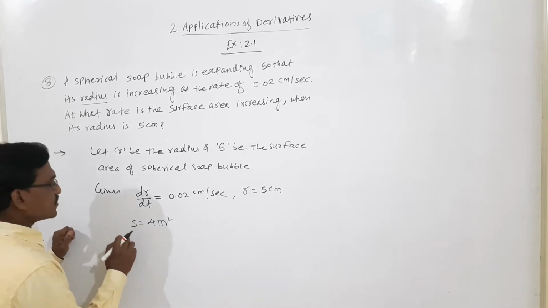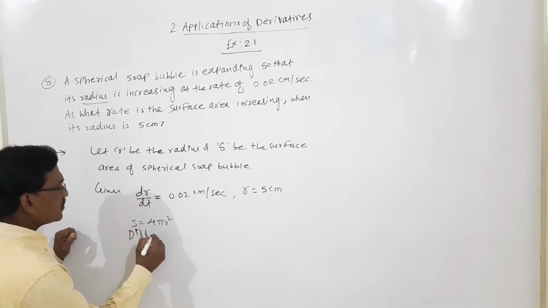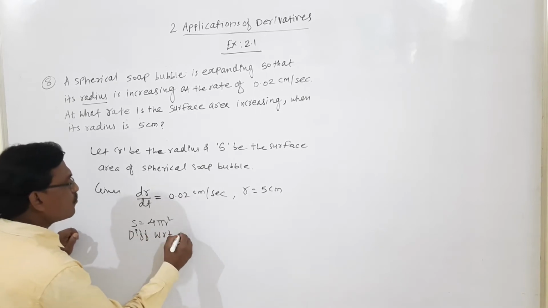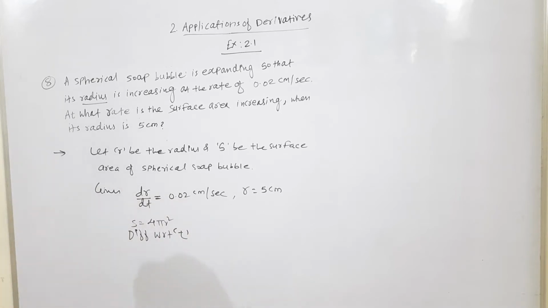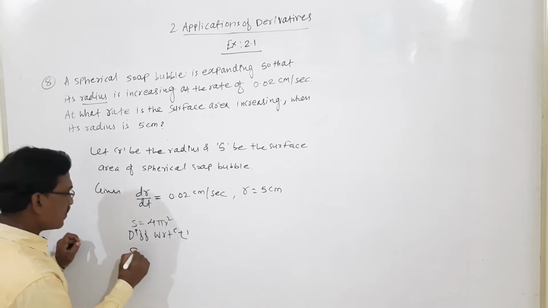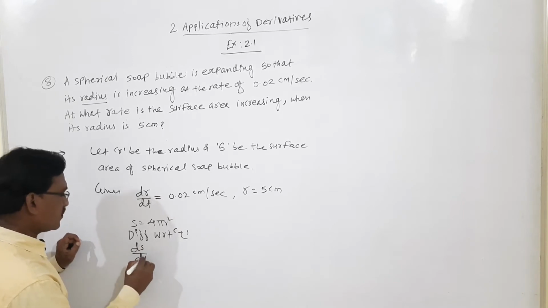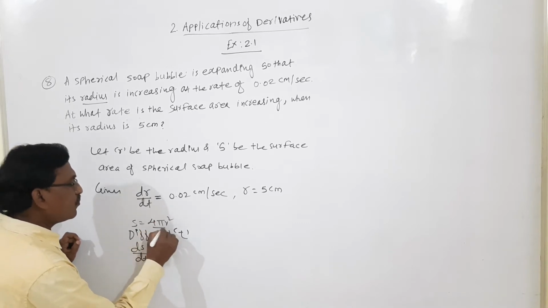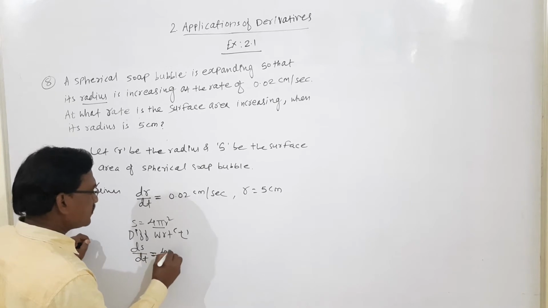Now we have to differentiate it with respect to t. So the derivative of s with respect to t is ds by dt, which is equal to, here 4 pi is a constant, so it remains as it is.